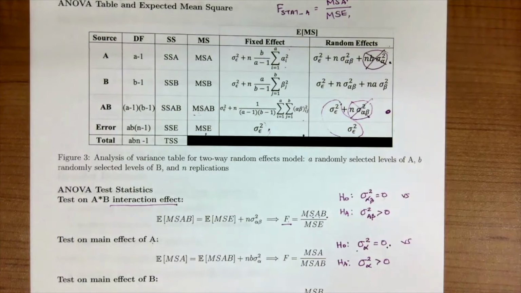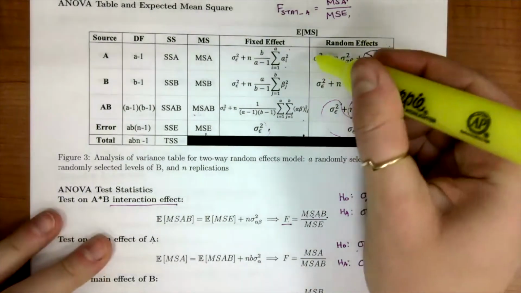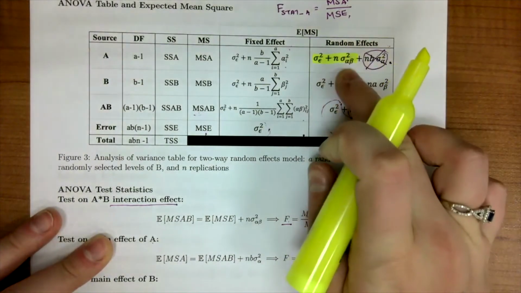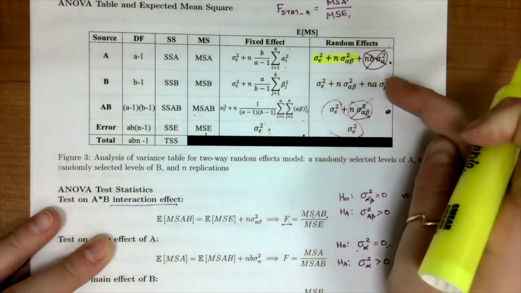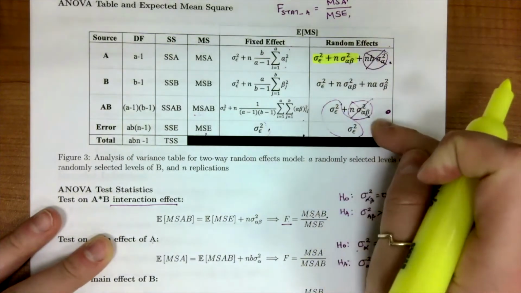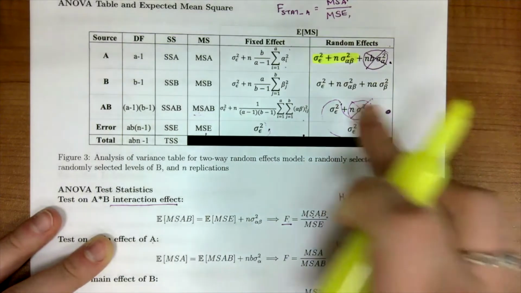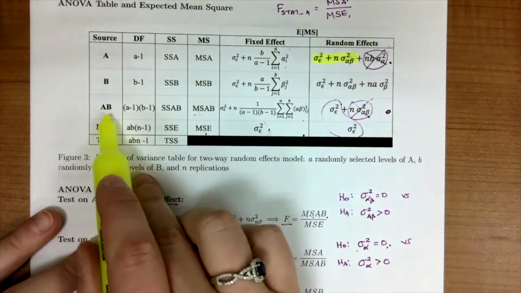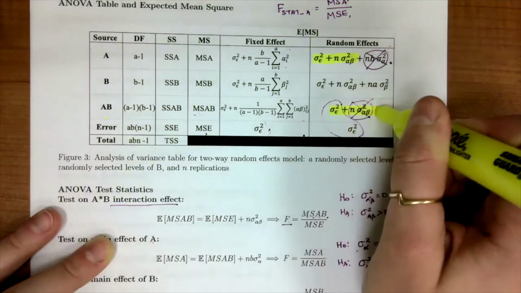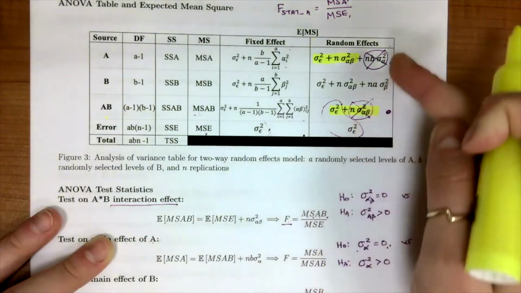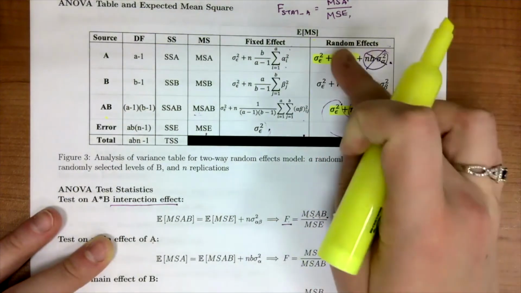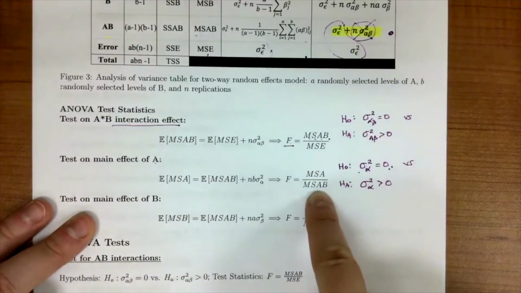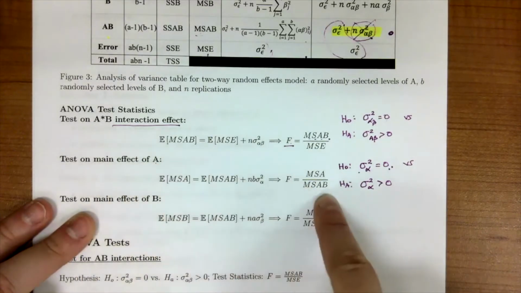And we would be left with sigma squared epsilon plus n times sigma squared alpha. Okay. Now we want to see where else we would see this. Unfortunately, I crossed this out to explain this part, but notice that the expected mean squared for our interaction is that yellow term. And so when this goes to 0, these would be the same, you'd get that 1. And so that is why our denominator for our main effects of A is MSAB.